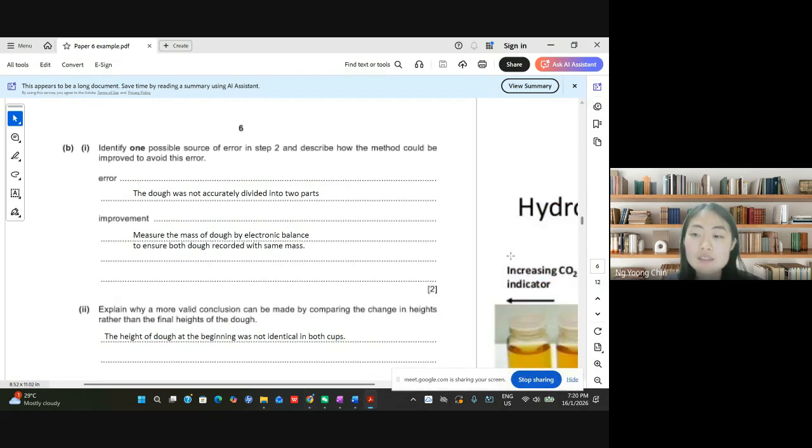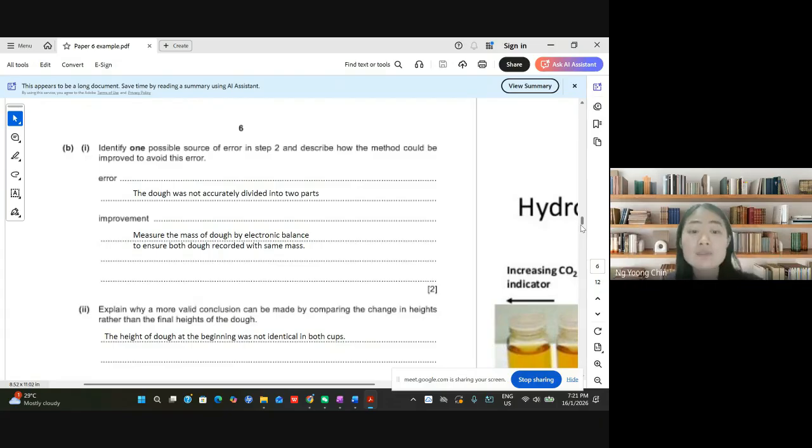Because the error refers to any kind of variable that will affect the accuracy of the result. For example, if you use your hand to separate the dough into 2 pieces, you didn't use any weighing scale to measure whether they really have the same mass.